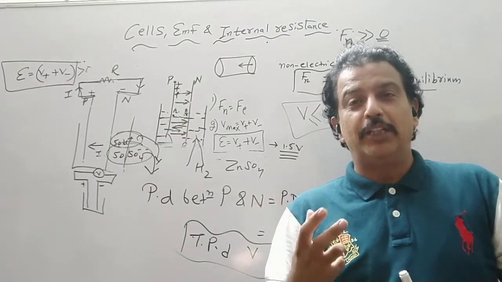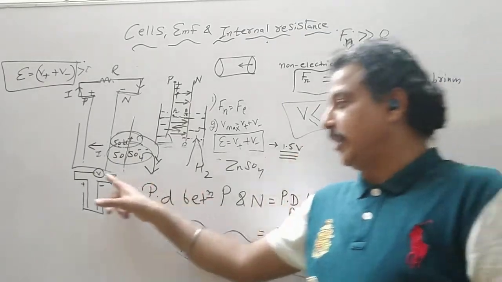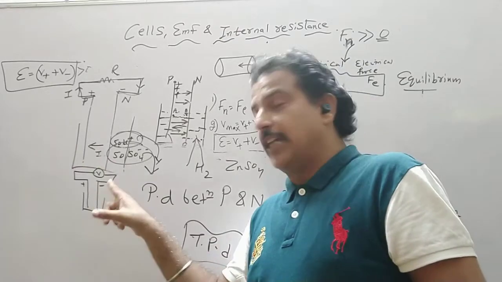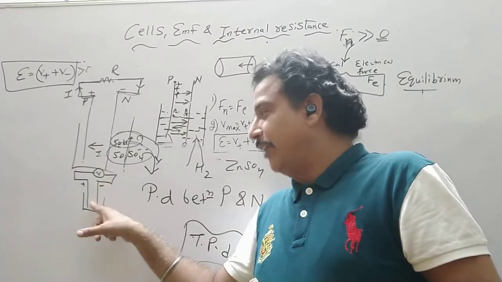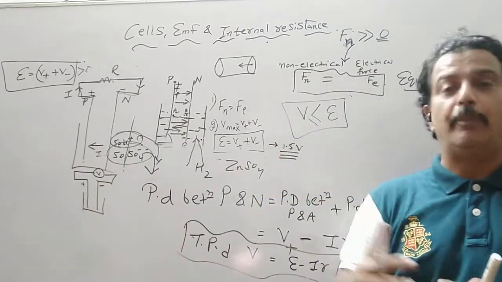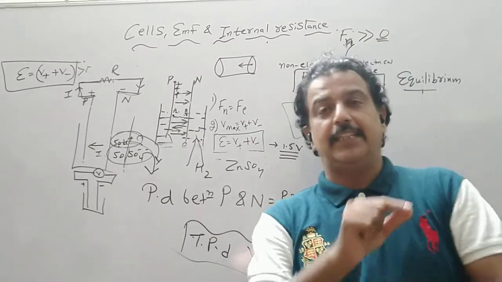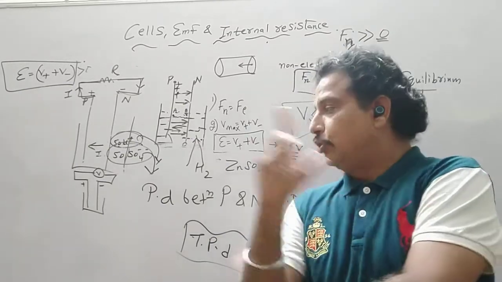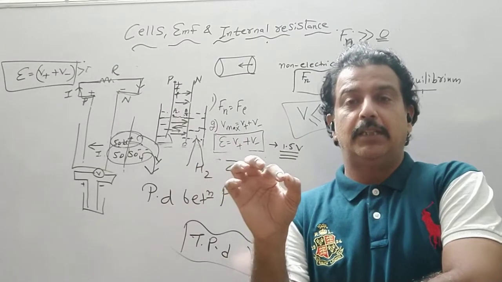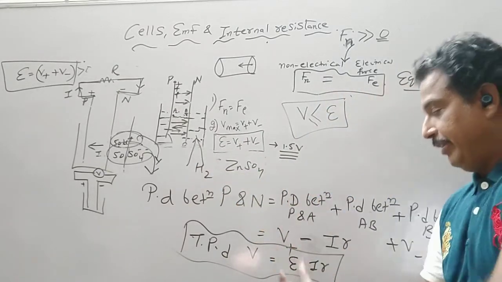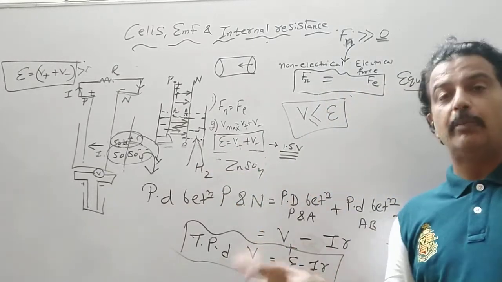So where has this 0.2 gone? Because the circuit is closed, the current started flowing, and therefore the ions are being opposed. So the voltmeter will not measure the EMF, it will measure the terminal potential difference.